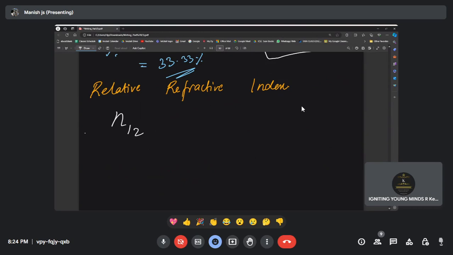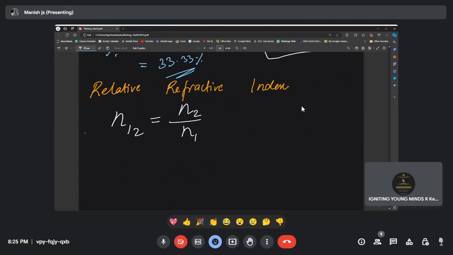This is the refractive index of medium one with respect to medium two. The light ray is passing from medium one to medium two. Be very careful with the way I have written it. When I write N12, light is traveling from medium one towards medium two. But when I expand this, the formula becomes N2 upon N1.